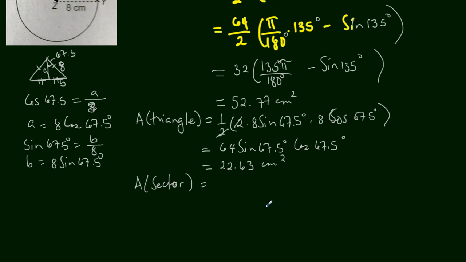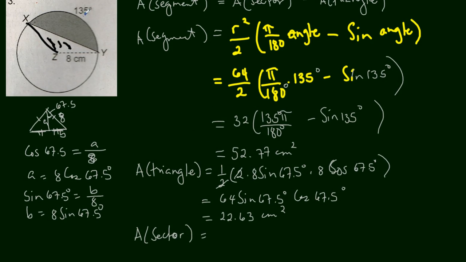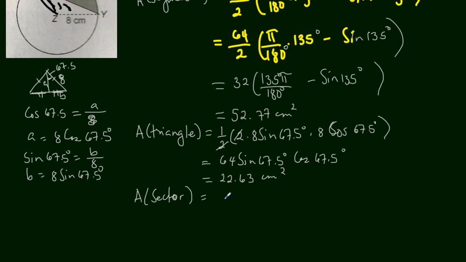The area of the sector is, we have the central angle, that is 135, divided by 360 degrees, multiplied by the radius squared, 64, times pi.